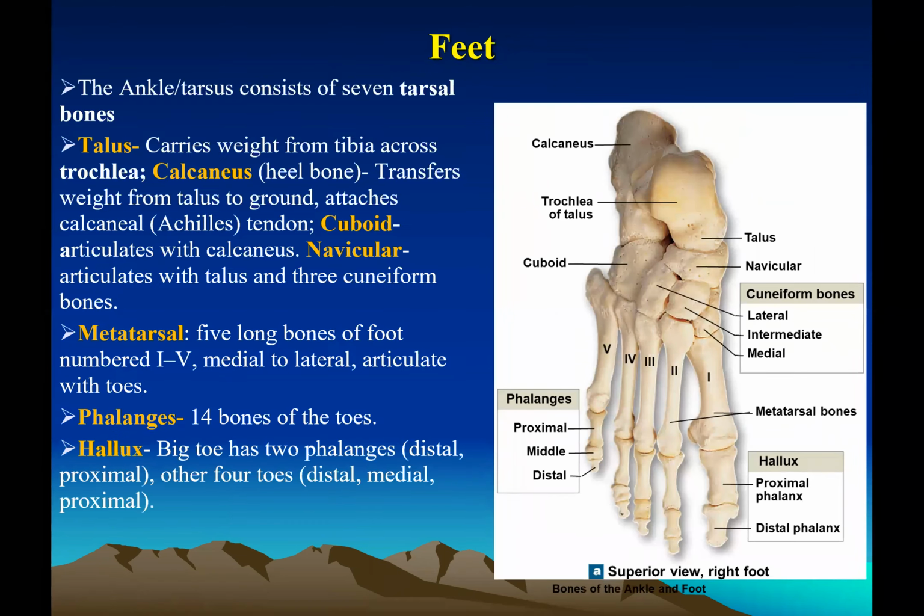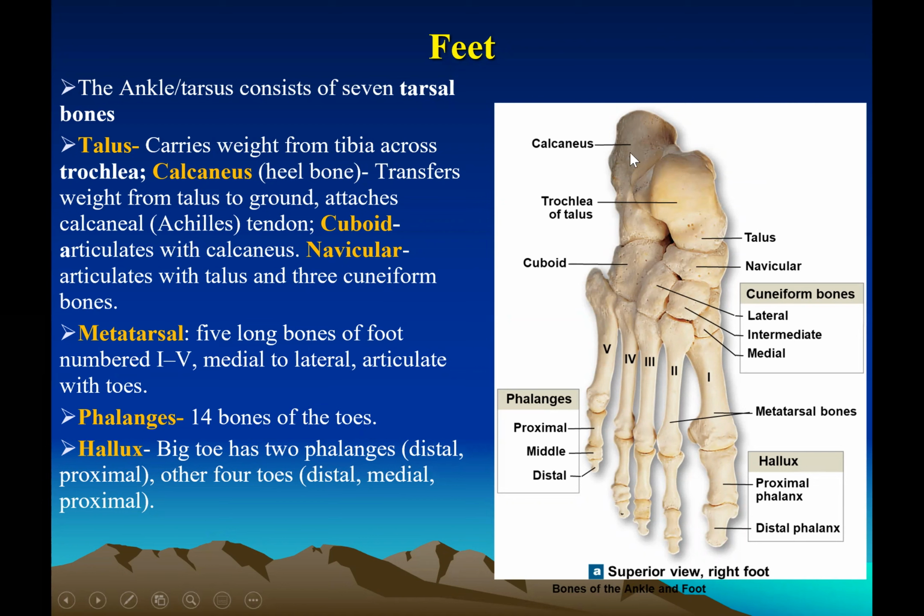So moving on to our feet, there's lots of bones here. So the tarsus has 7 tarsal bones. So here's the talus. This region is called the trochlear region of the talus. It carries the weight from the tibia to the trochlea. Your heel bone is your calcaneus. It transfers the weight from the talus to the ground.